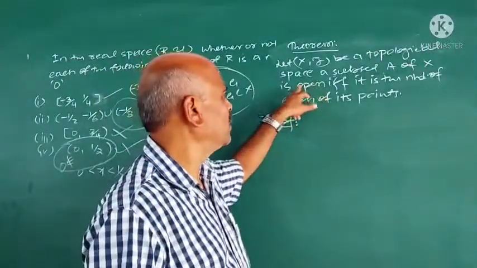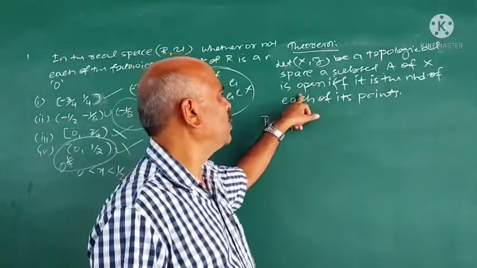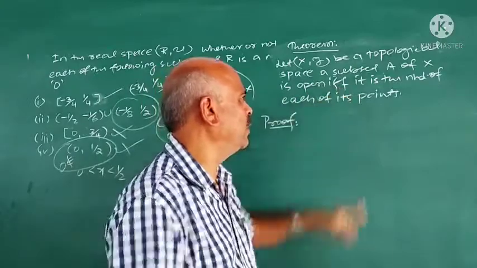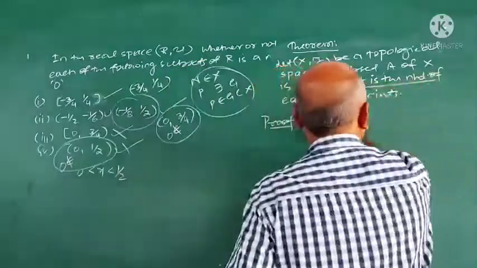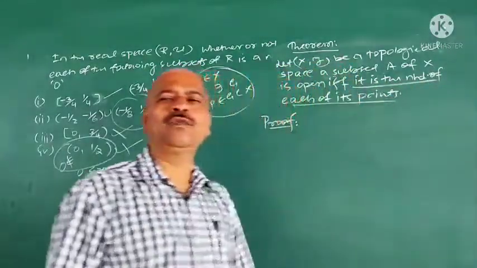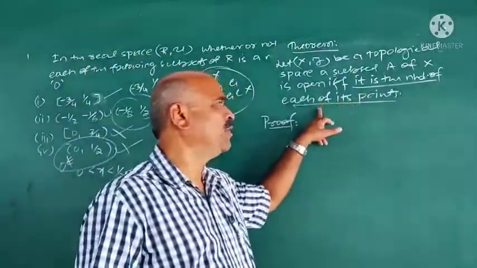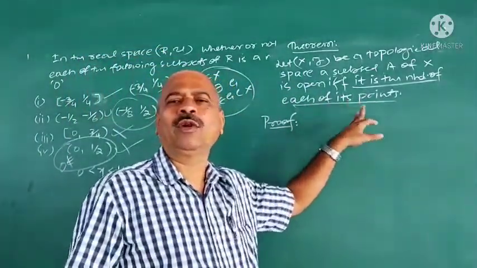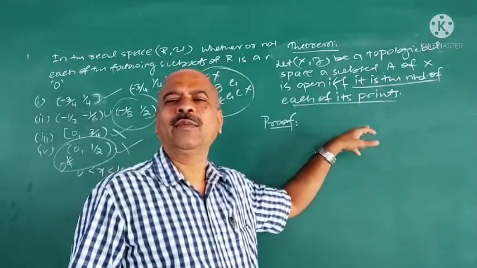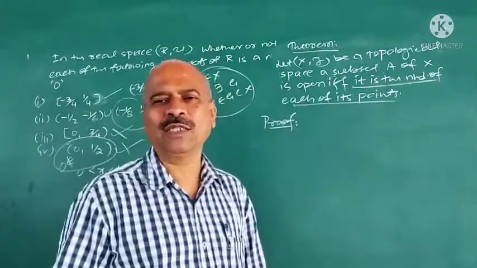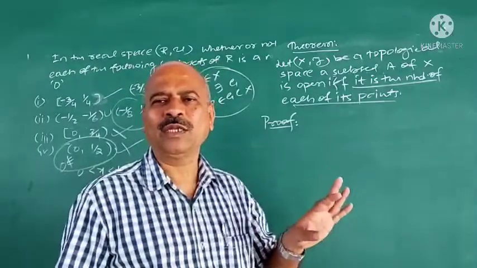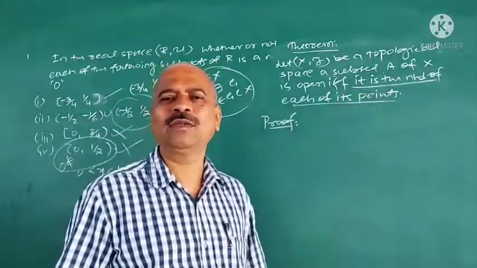Let X be a topological space, then a subset of X is open if and only if this part will be converted into 4 choices. First choice is: if and only if it is a neighborhood of each of its points. Second: it is not a neighborhood of each of its points. Third: it is a neighborhood of some of its points, few of its points. Fourth: none of these. Then it becomes an MCQ question.